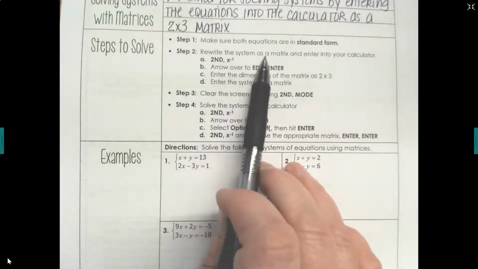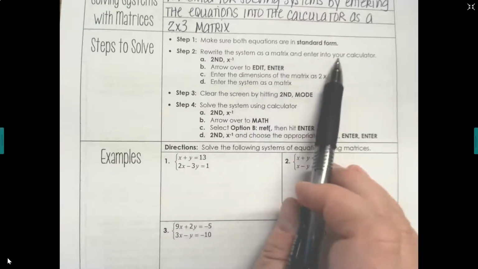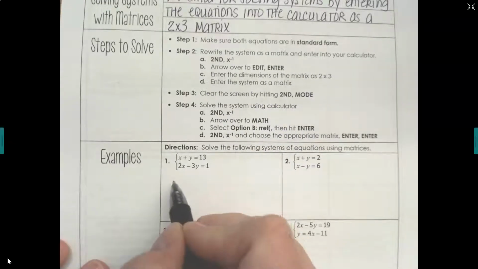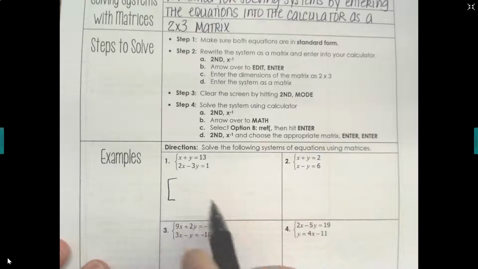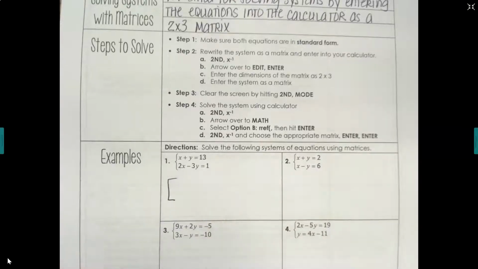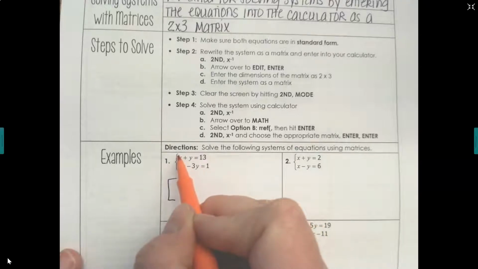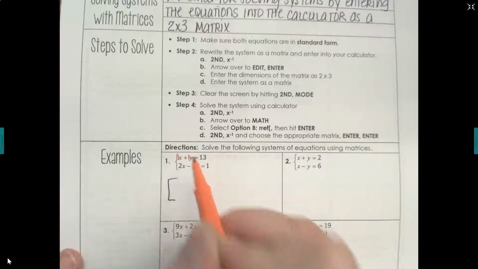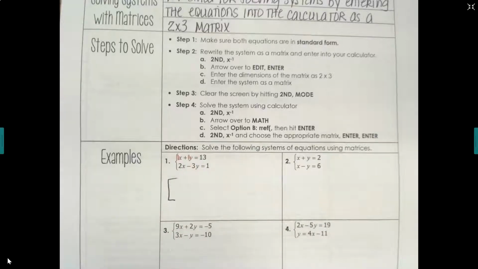We're going to rewrite the system as a matrix and enter it into our calculator. So here's what I mean. We're going to draw a bracket, and all I need at this point is the coefficients, the numbers in front of the variables, or the constants, just the numbers. There's a 1 here and a 1 there. We need to remember that there are actually numbers there.